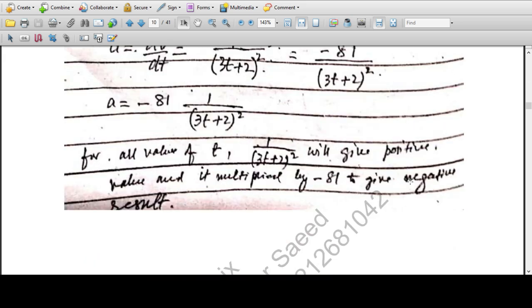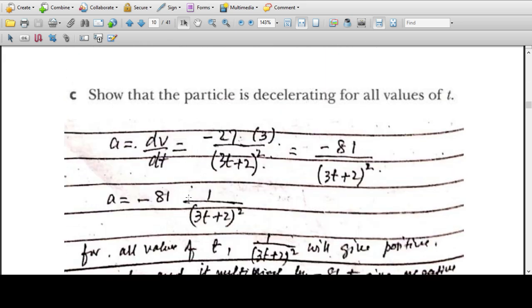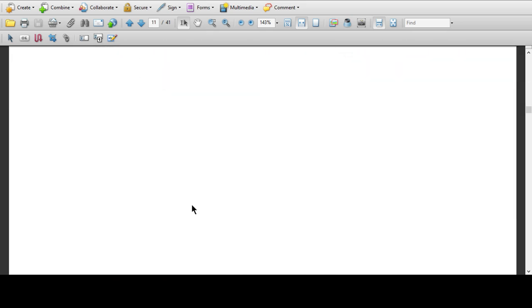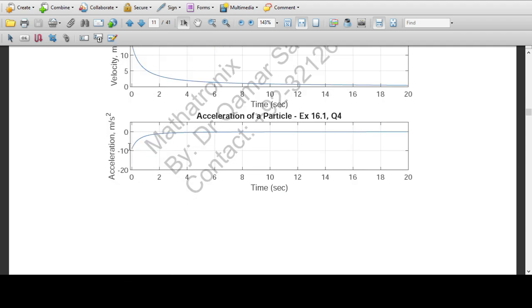And in part C, we have to show that acceleration is always negative. In the acceleration graph we see that it is always below 0, so it is always negative. This is question number 4, part C.